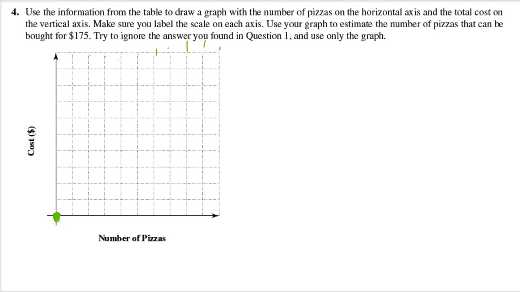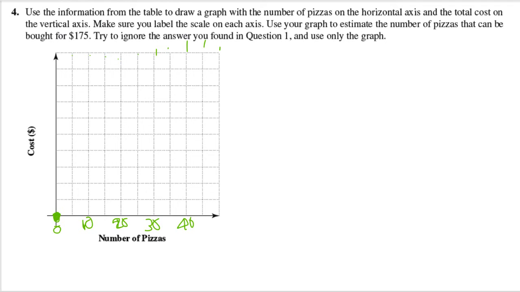I could go by threes. I could go 3 for every line. I would end up at 30. But my table goes by 5, so I'm going to choose 5 for each line, which means 2 lines will be 10, 20, and 30, 40. Okay.